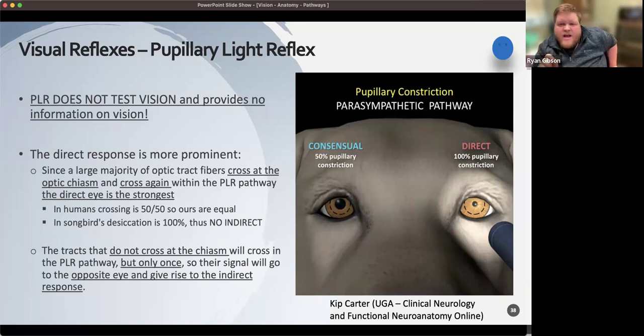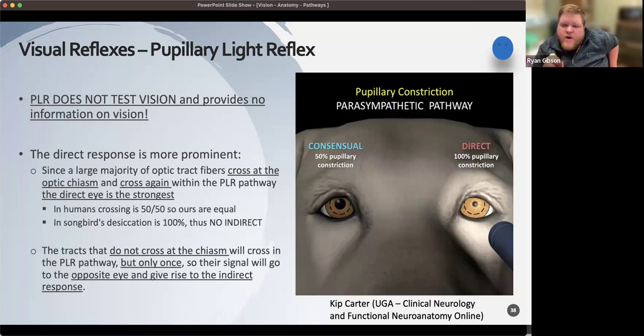So 75% of the information is going to cross. Well, with the PLR pathway, it's going to cross again and go back to that eye. And so the strongest signal is going to stimulate that direct eye because it crosses twice.